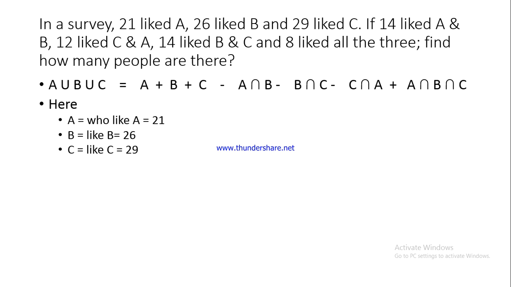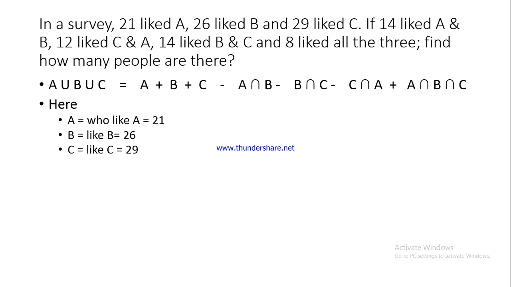So in this formula that you see here, A, B, C, they mean A and they do not mean only A. B means B and does not mean only B. Likewise C means C and does not mean only C. Right? So please bear this in your mind. In case you have to find only A or only B or only C, then you will have to do the calculations.